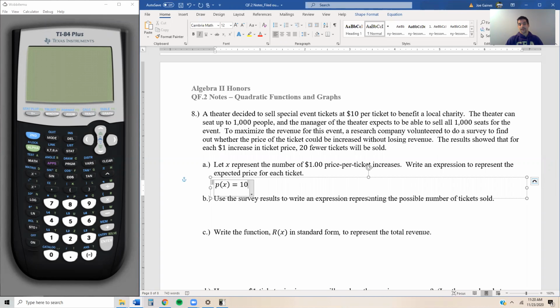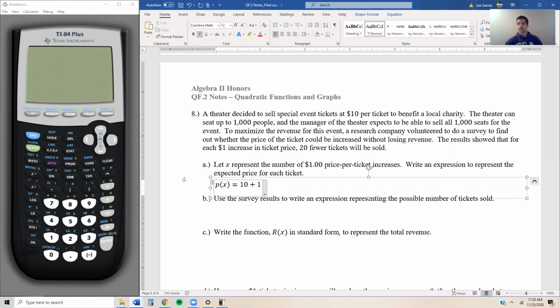But it says that we're going to increase the tickets by $1. We don't know how many times we're going to do that, but we're going to increase it by 1. And then we may increase it by another 1, and we may increase it by another 1. So how we can represent this is we know that we are going to add 1.